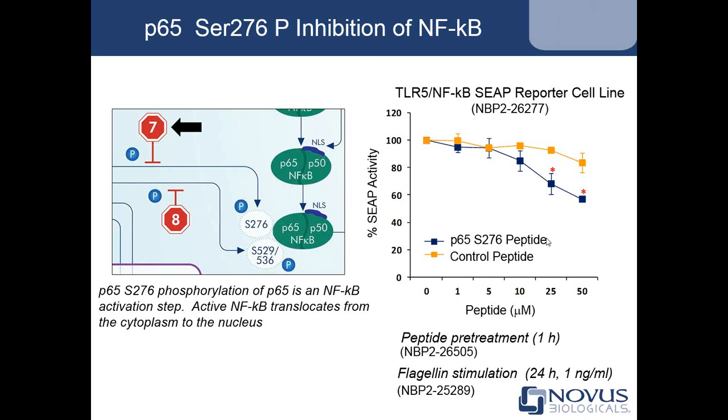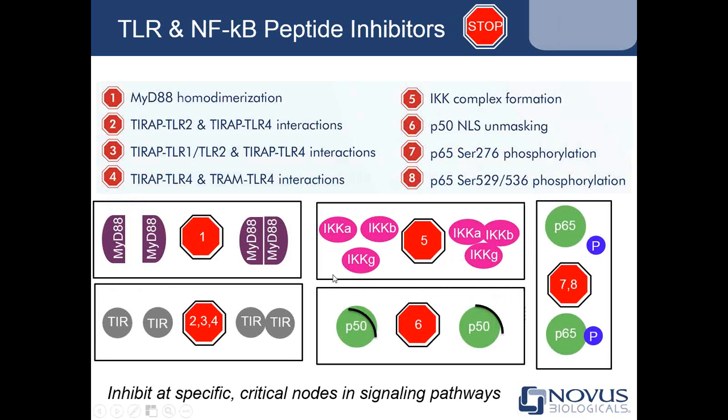So we can conclude that in this model system serine 276 is important in the activation of TLR5 by Flagellin. However, there are also other mechanisms in action, which means that this does not totally stop all NF-kappa B activation.